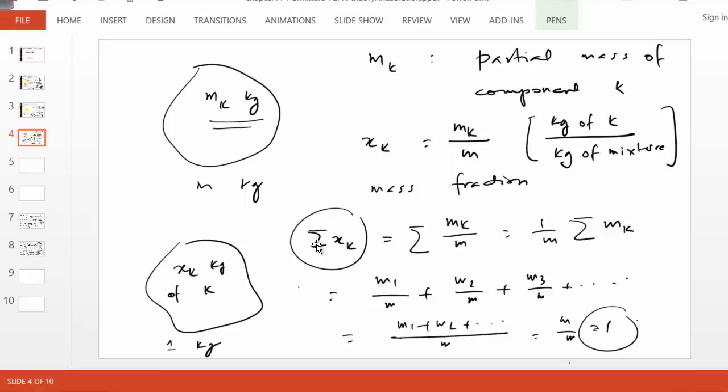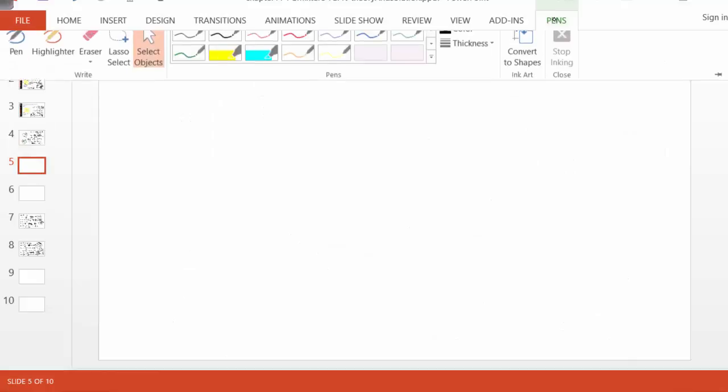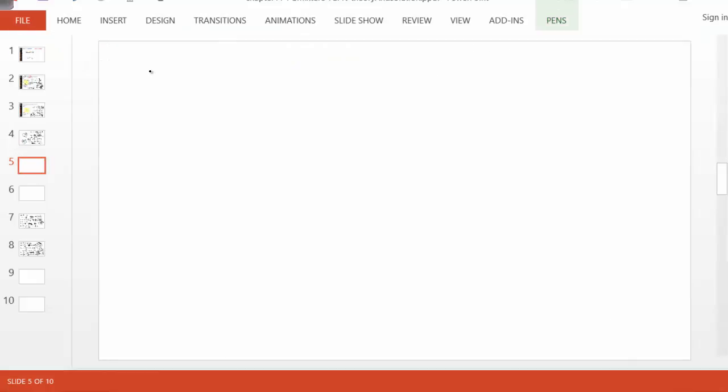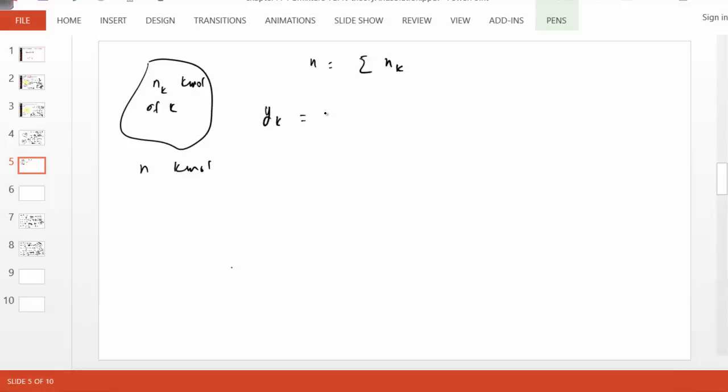In a similar way, the molar description of a mixture can be converted into mole fraction. Again, suppose we have a mixture of n kilomole with nk kilomole of k in it, n1, n2, n3, etc. Then, of course, n is the summation of nk by definition. And we can define the mole fraction yk as nk over n.